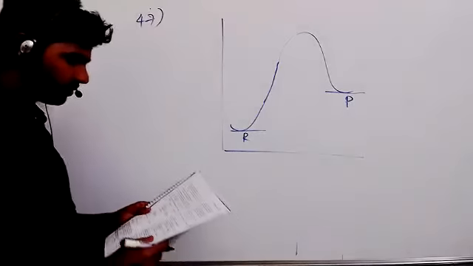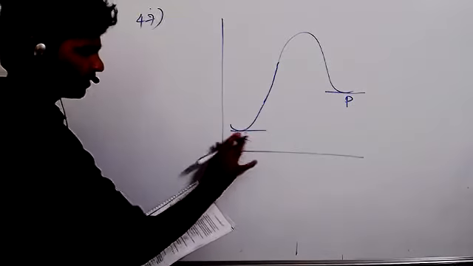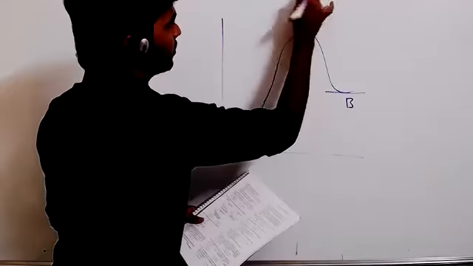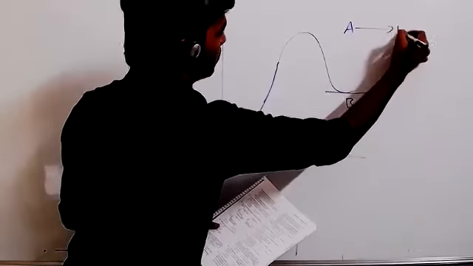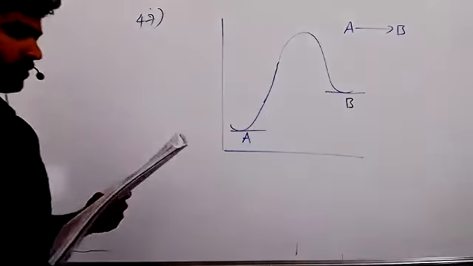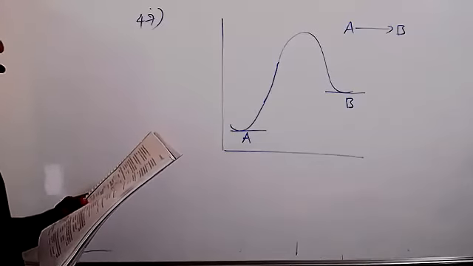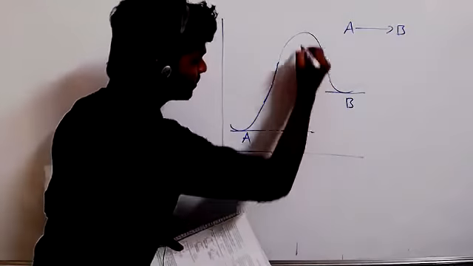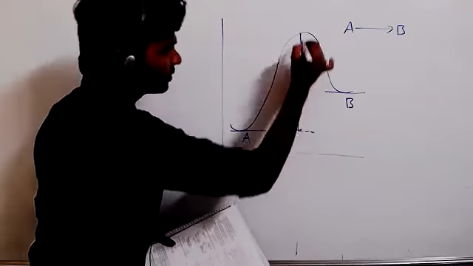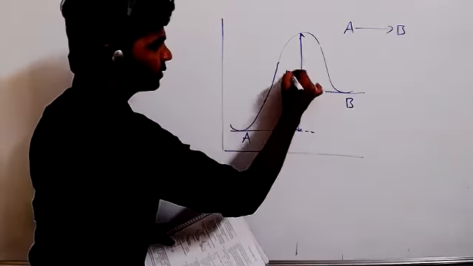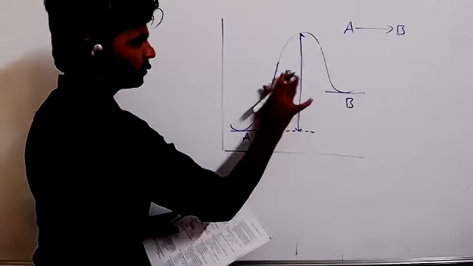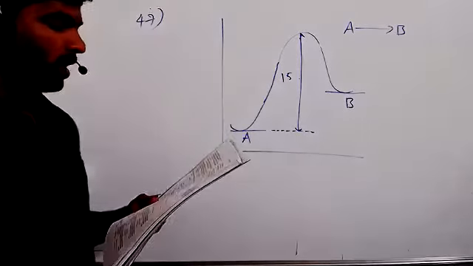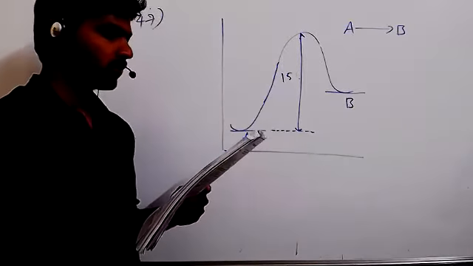A to B has an activation energy of 15 kilocalorie per mole. This is the activation energy for the forward reaction, 15. And the energy of reaction is 5 kilocalorie per mole.